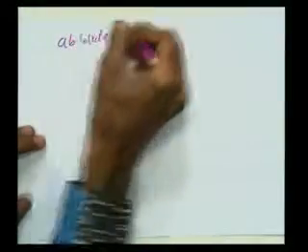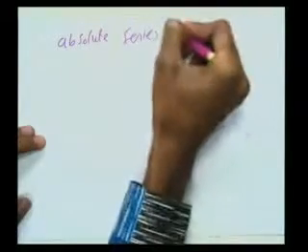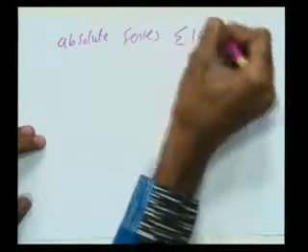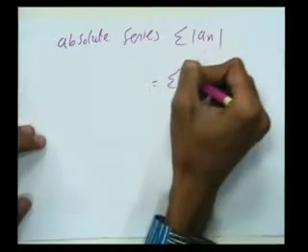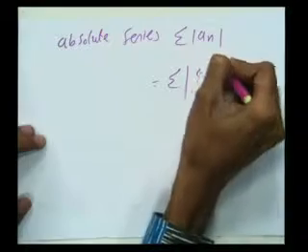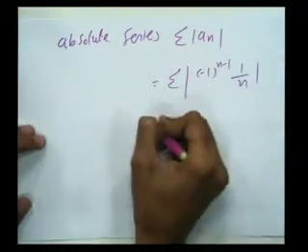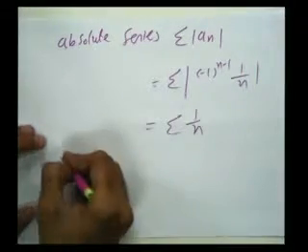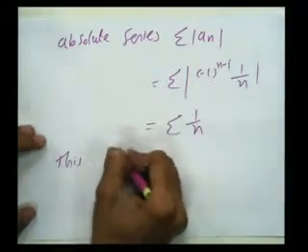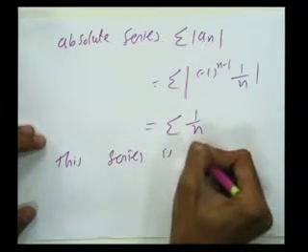As I told you, if we take the absolute series, then sigma modulus of a_n is equal to sigma modulus of (-1) raised to n minus 1 into 1 upon n, which is equal to sigma 1 upon n. And this series is divergent.